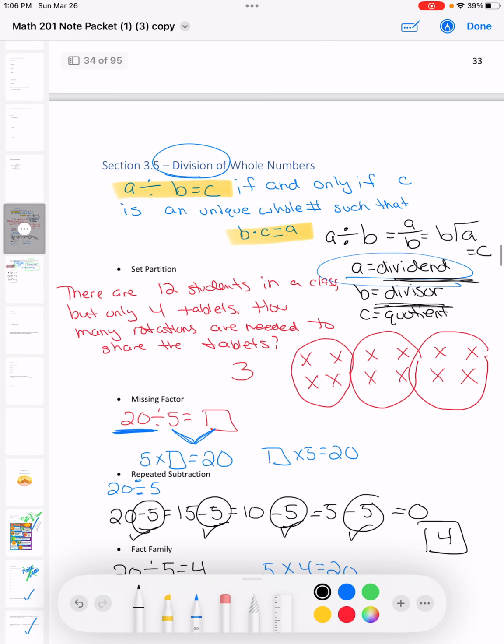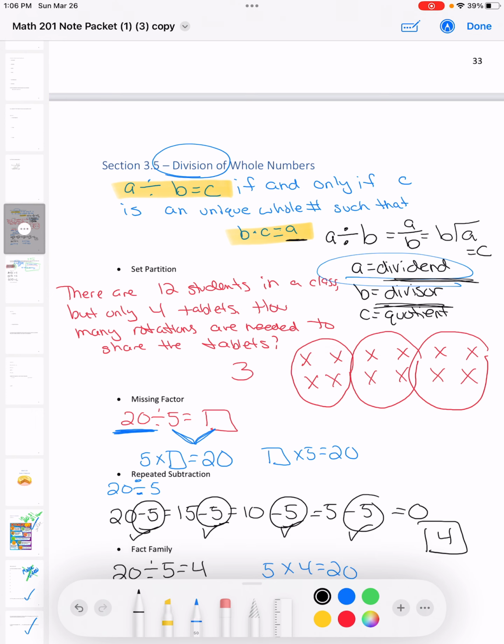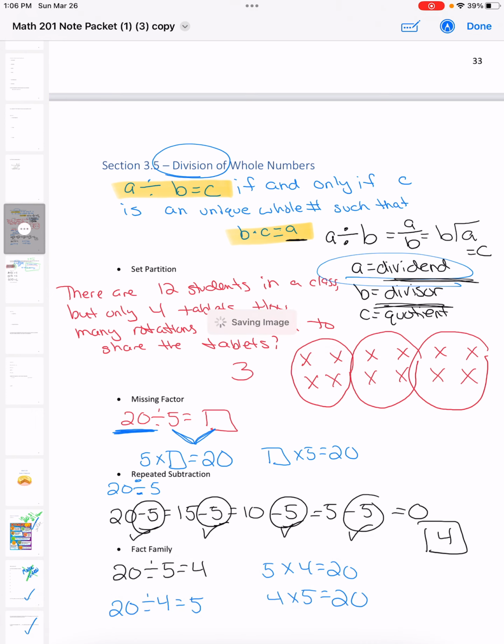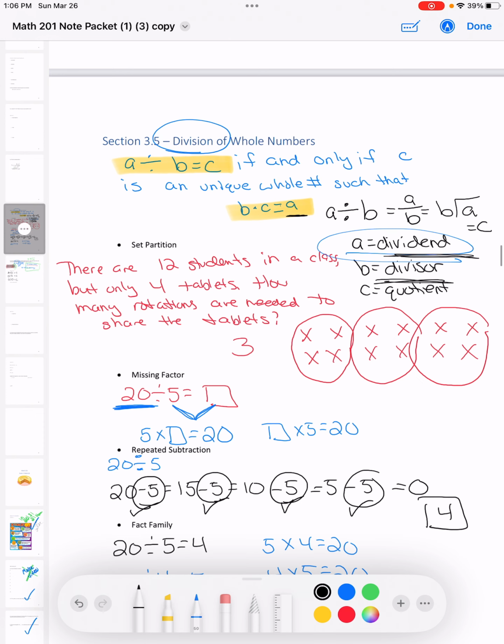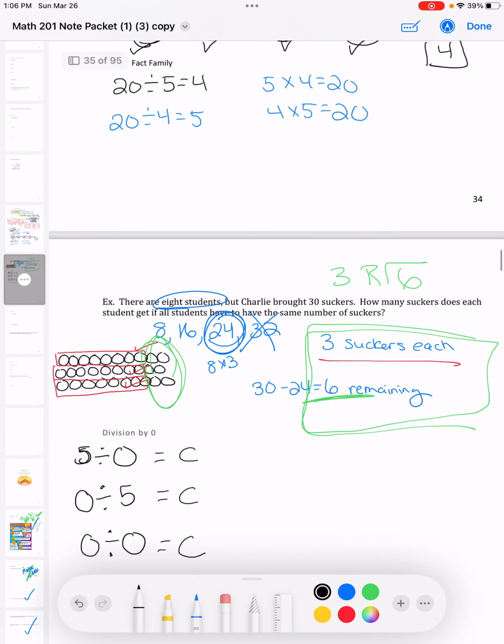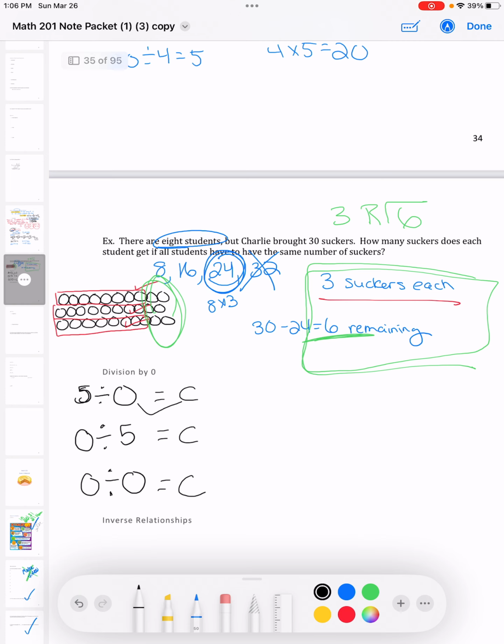When I rewrite them, that dividend is going to be my answer, just like we saw with the missing factor. So when I rewrite this one, I get 0 times C equals 5. So 0 times some number has to equal 5. That can never happen. That's impossible.